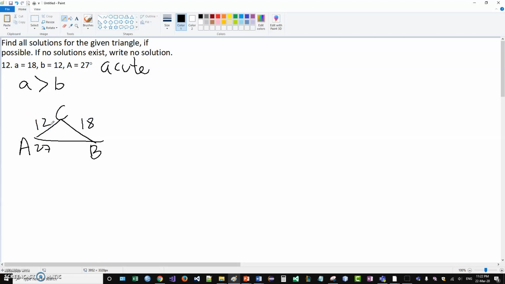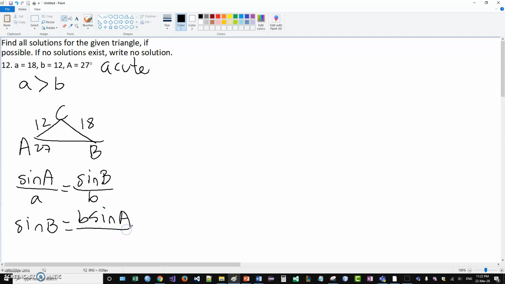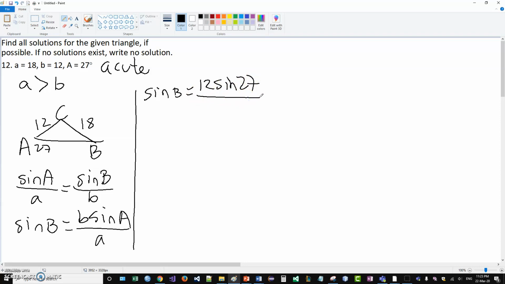Let's start by finding angle B. We know that sine A over A equals sine B over B, or sine B equals B sine A over A. So sine B equals B, which is 12 sine 27 over A, which is 18.